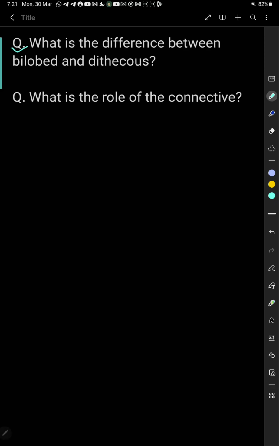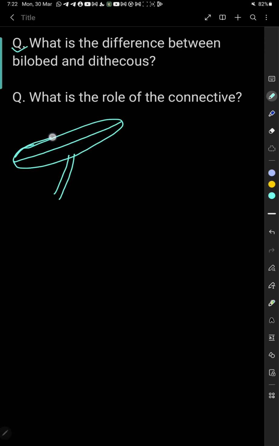I have explained the anther of angiosperm is bilobed. If you recollect this diagram, then you can see that here there are two projections.